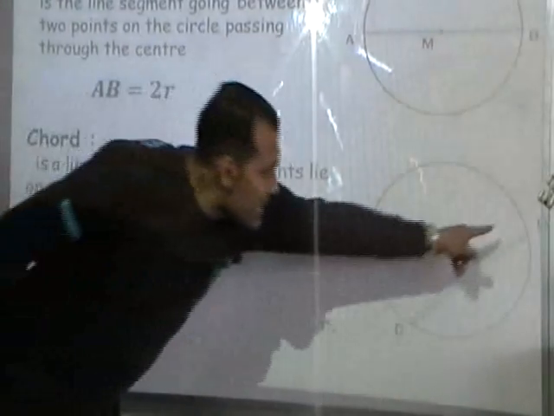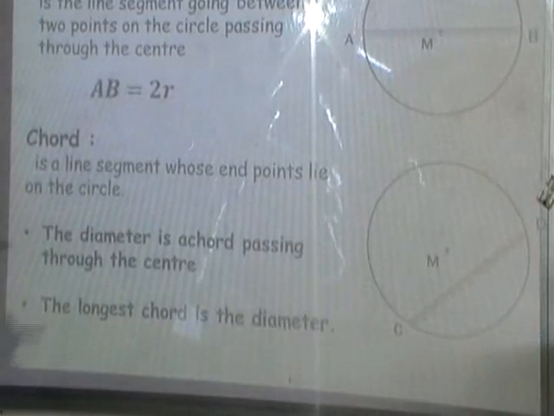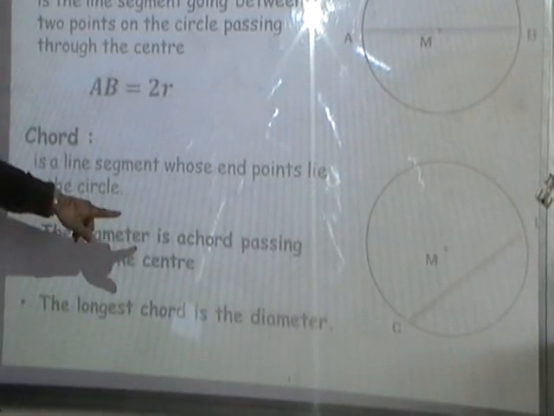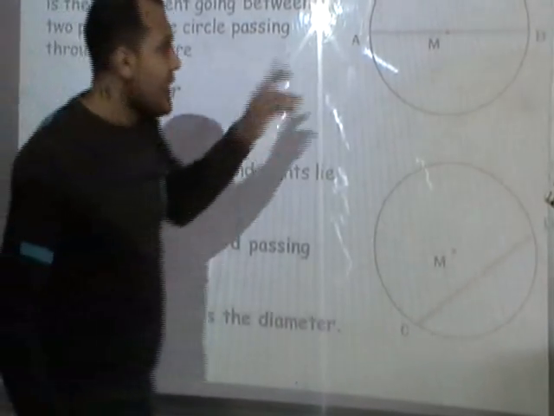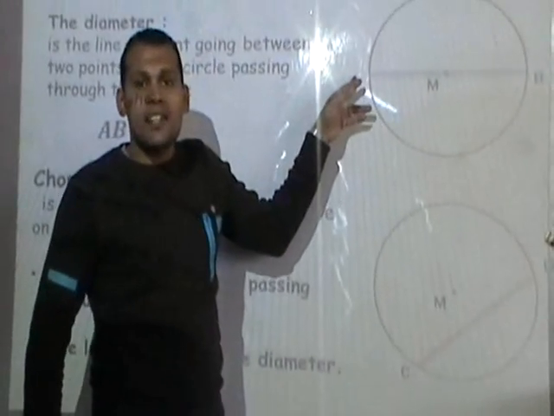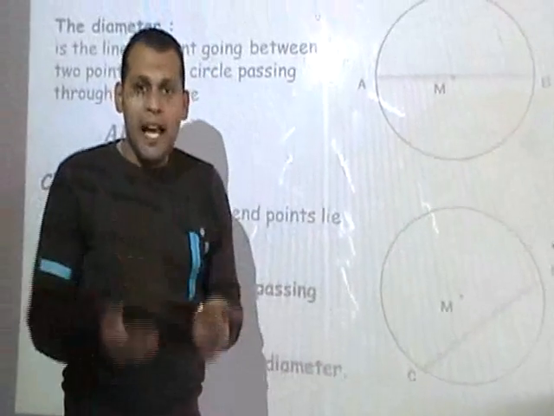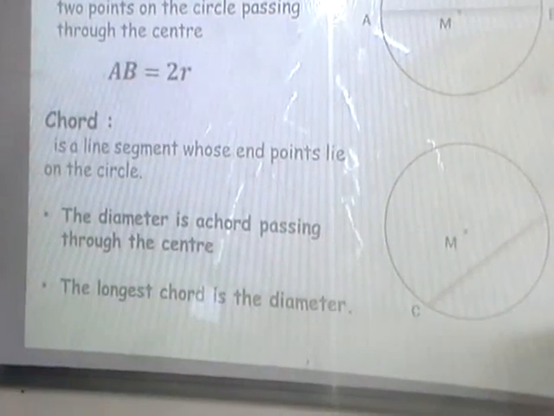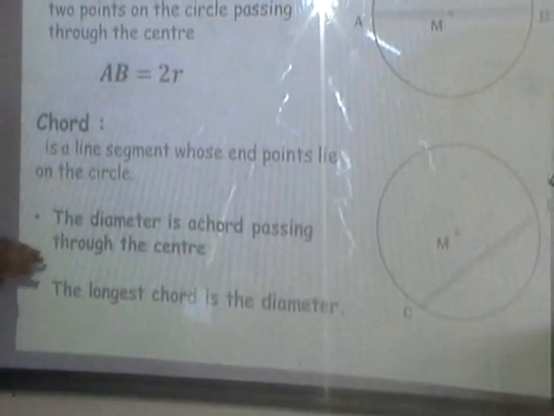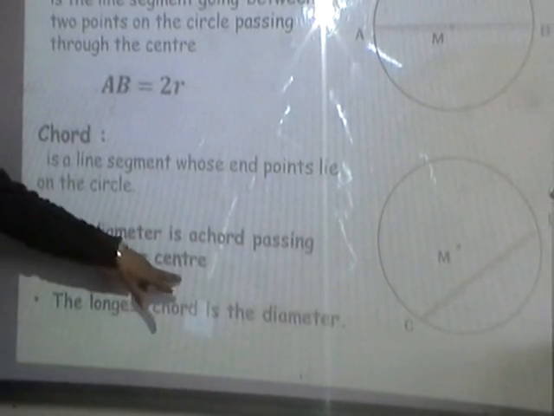So I have CD as a chord. As we said, the chord is a line segment joining any 2 points on the circle. But if this chord passes through the center, it changes into a diameter. So we can say that the diameter is a chord passing through the center.